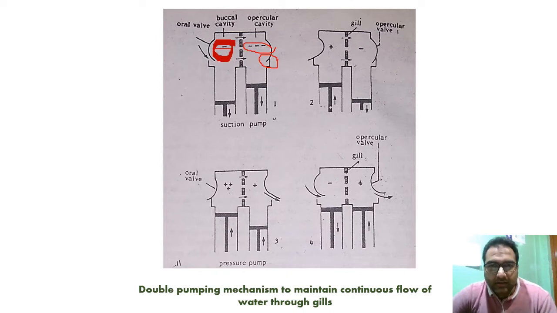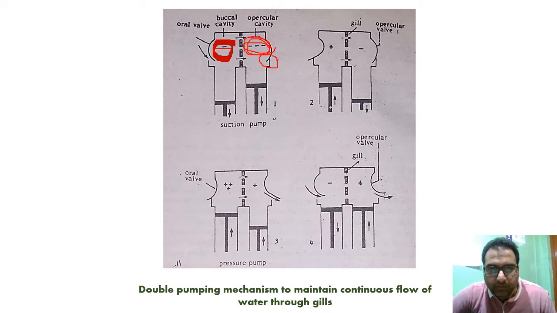So what happens when the oral cavity is filled with water, the mouth is closed, and the operculum is moved anteriorly to increase the opercular cavity? But the opercular opening is closed due to the pressure of the external water. So there is a pressure from the external water as well. A low pressure is thus created, which is very low.